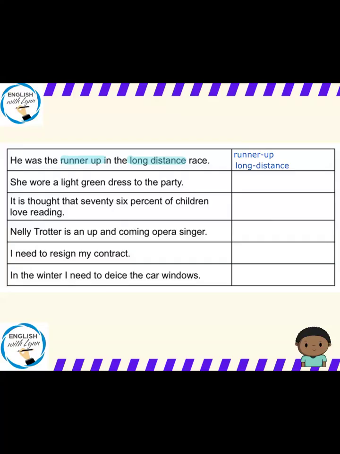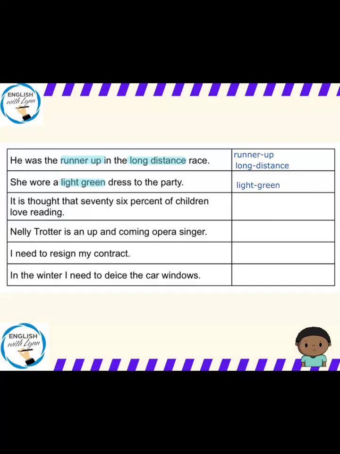But that isn't actually the case. Light green is describing the colour of the dress. So the hyphen needs to come in between light and green. Okay, so that's where the hyphen is going in that one.